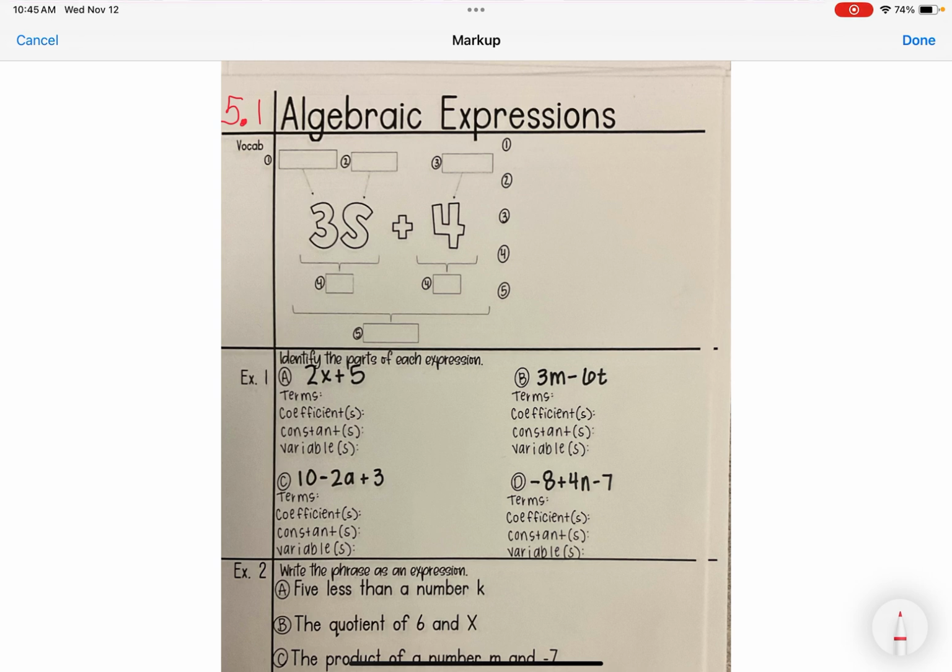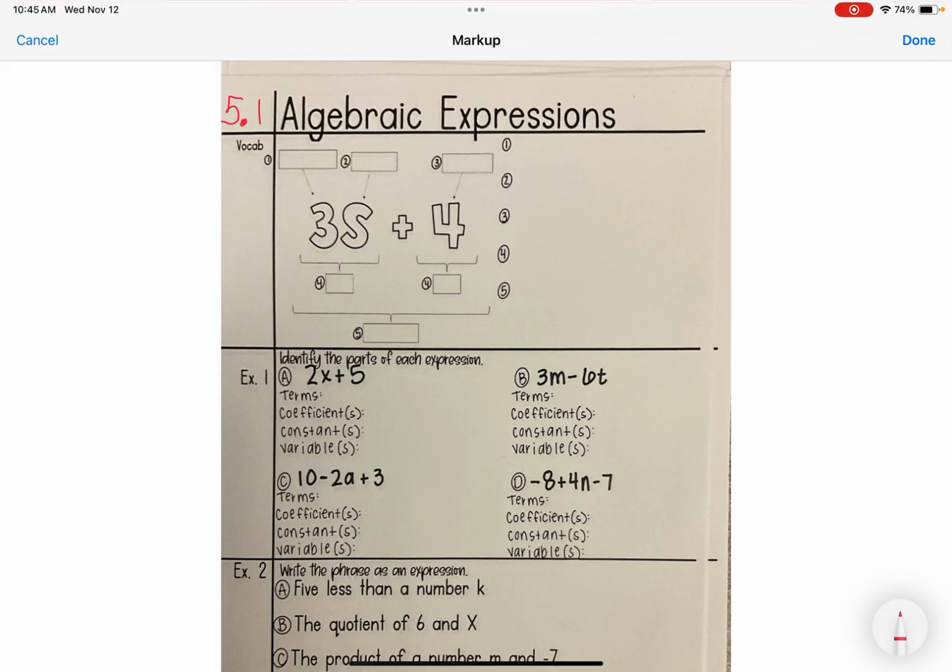Okay, it's an expression because there is no equal sign. You notice it says 3s plus 4, but it does not say equals. So this is just an expression. If it had an equal sign, then it would be an equation. Think of the word equal, EQU, and the word equation starts with EQU. Okay, so this is just an expression.